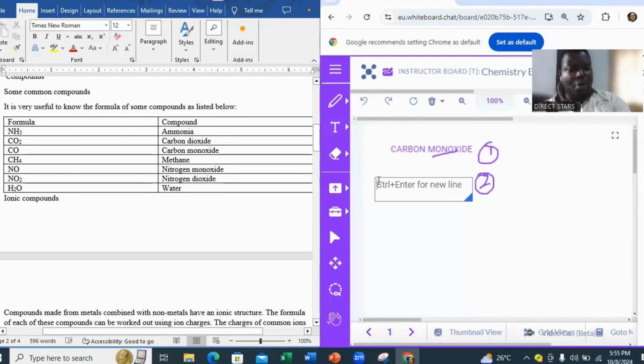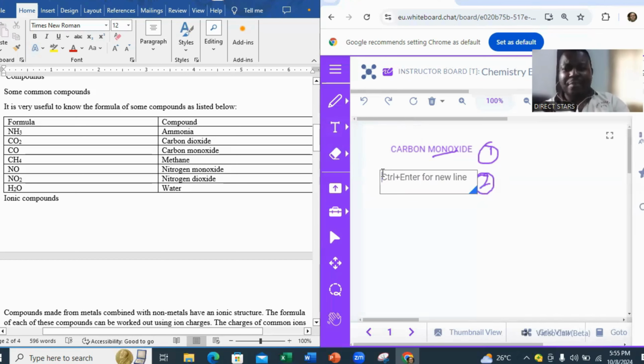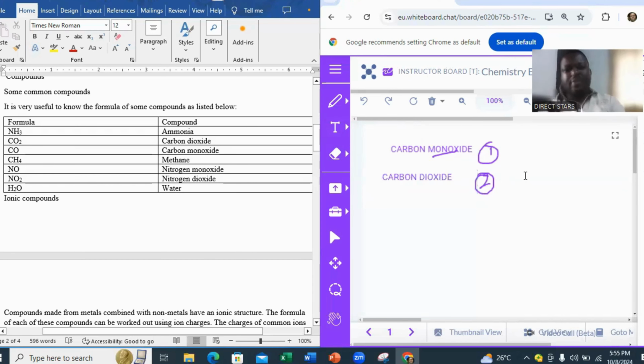We also have some compounds whose name does not give you a clue of what the formula would be. It's not every name of a compound that actually gives you a clue of what the formula would be. Take, for example, ammonia. When you hear the name ammonia, there is no element that comes to mind.